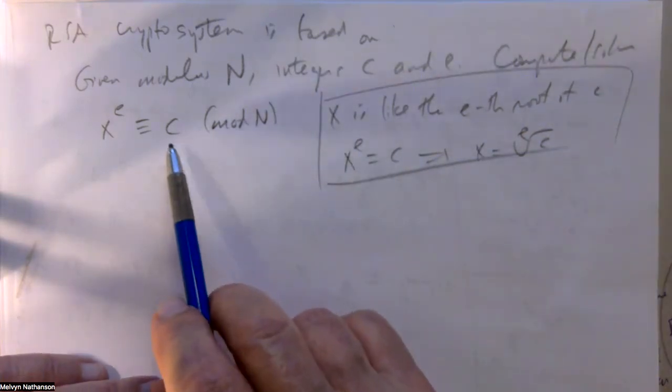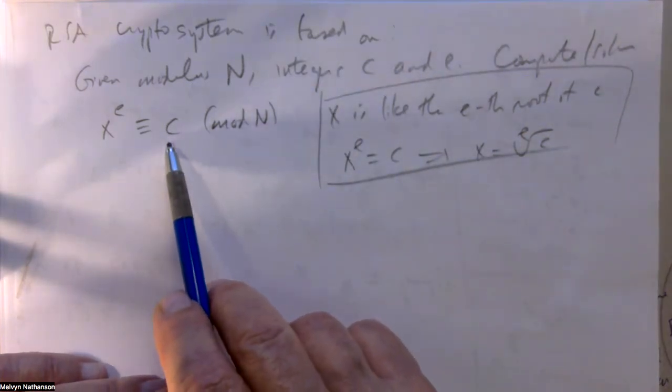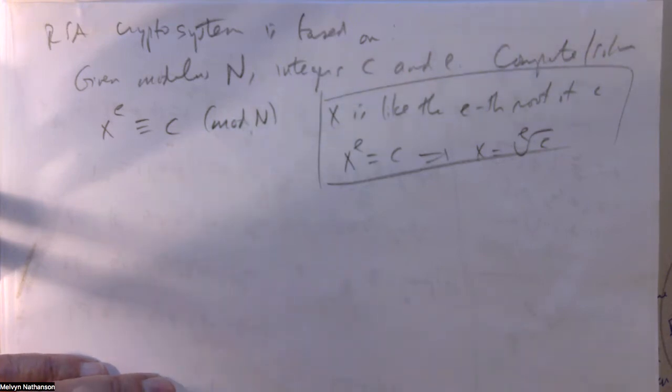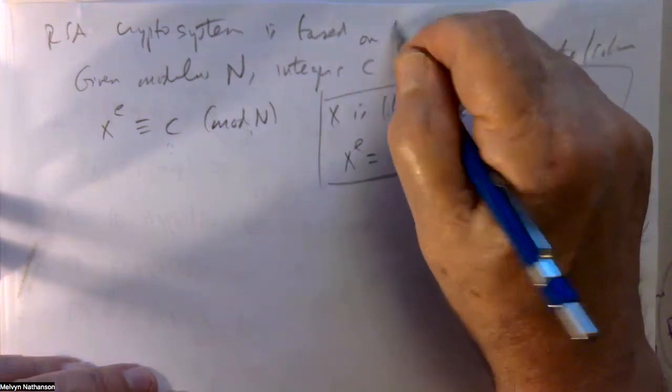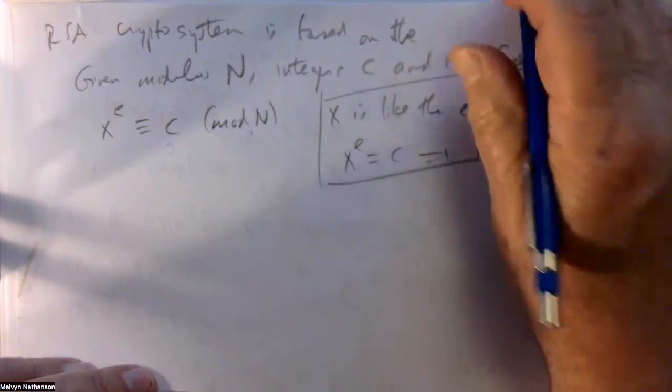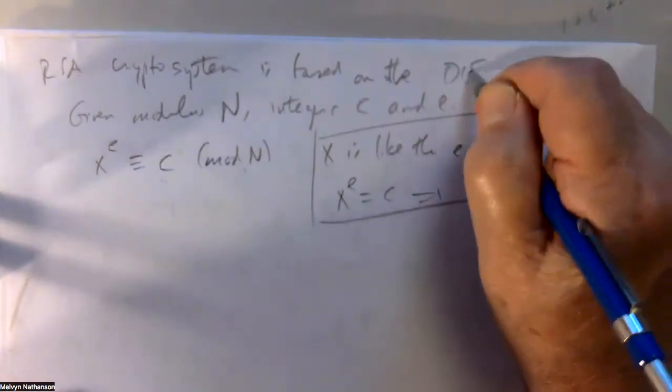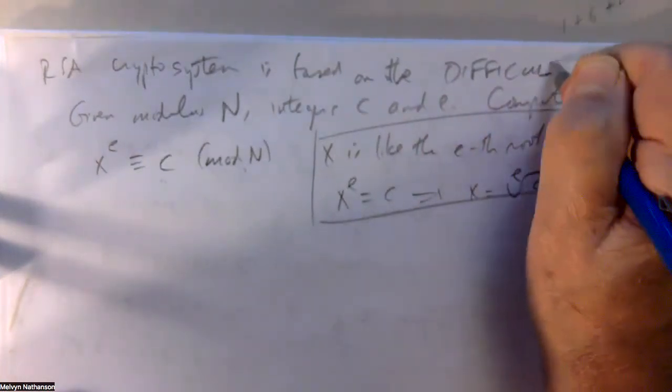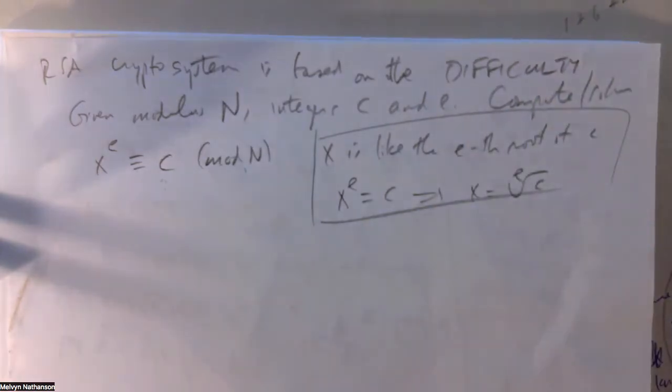So this is like we're trying to take the eth root of a number with respect to some modulus. And the RSA crypto system is based on the difficulty of this problem of taking roots.